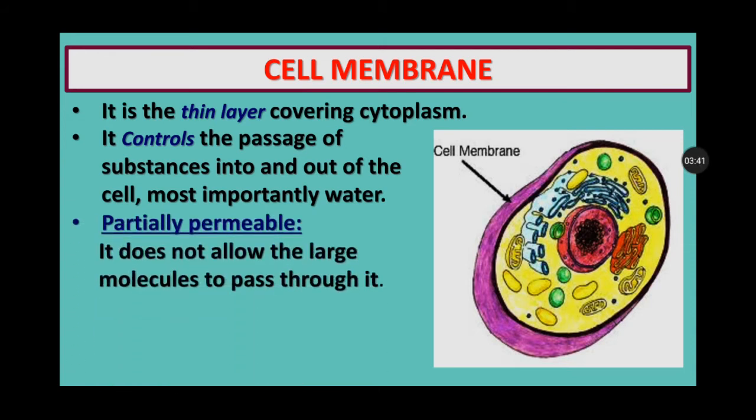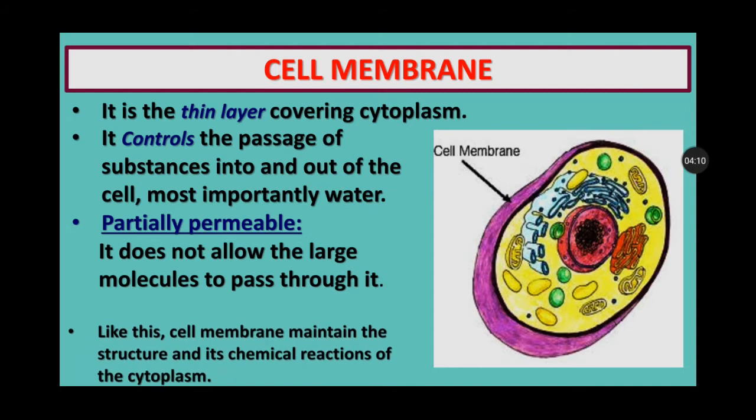It means that it is partially permeable. It doesn't allow the large molecules to pass through it. We can say that partially permeable membranes are those membranes which allow the movement of some of the molecules into and out of the cell while restricting the movement of other molecules into and out of the cell.